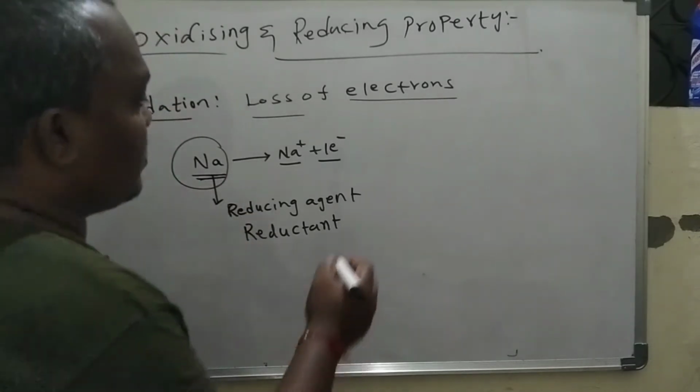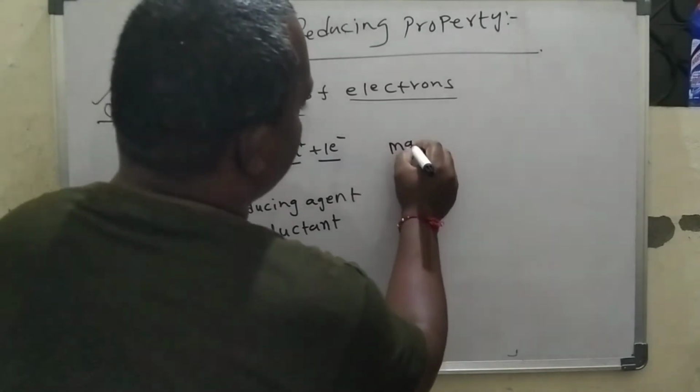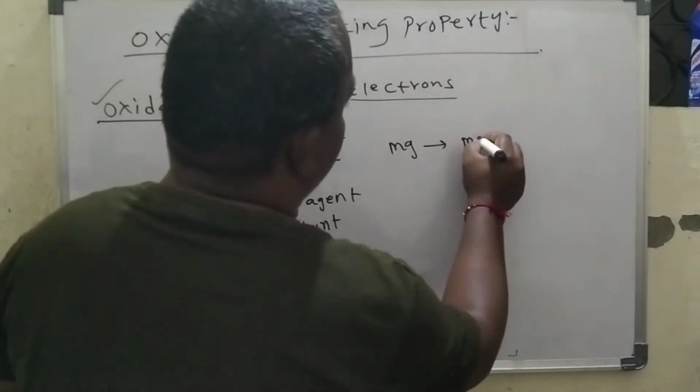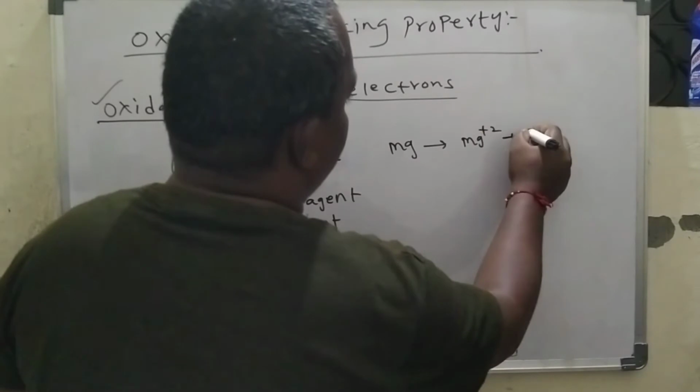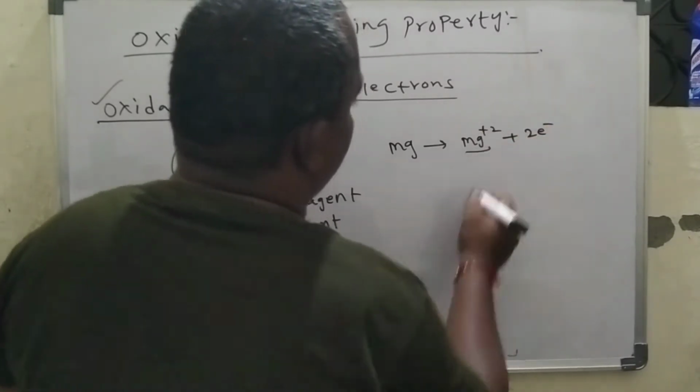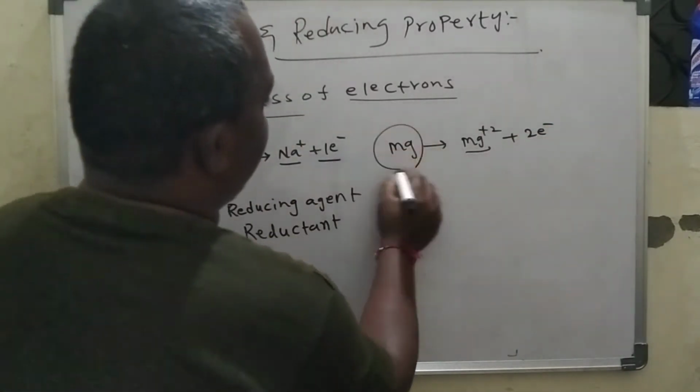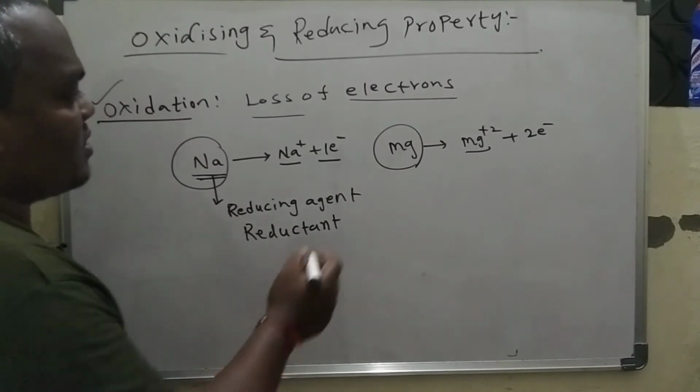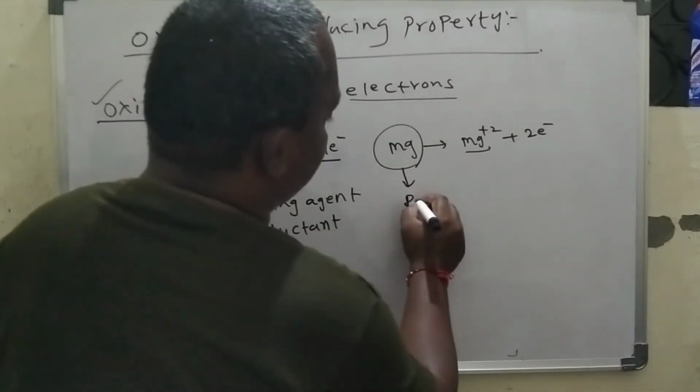In this equation, magnesium loses 2 electrons and forms a magnesium 2 plus ion. So here magnesium acts as a reducing agent, reductant.